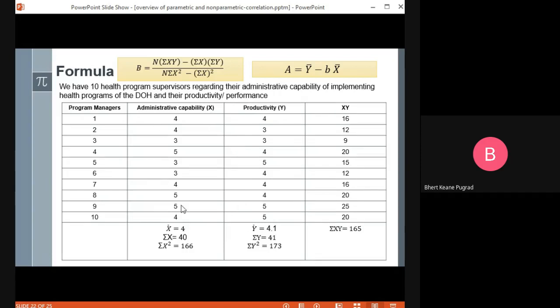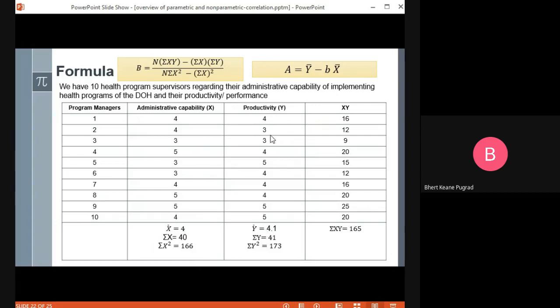So if you get the mean of their administrative capability, the mean score of the value of x is 4. Summation of x, 4 times 10 is 40, or if you add them up. The summation of x is 40, and the summation of x squared is 166.